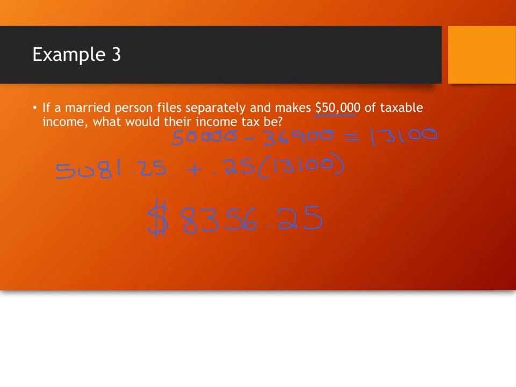So you might think, well, filing separately is really no different than filing singly, if you're filing as a single person. If you're married and filing separately, it really doesn't make any difference, and you'd be right at $50,000. All right?